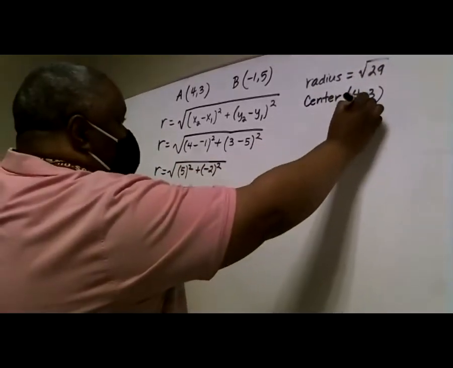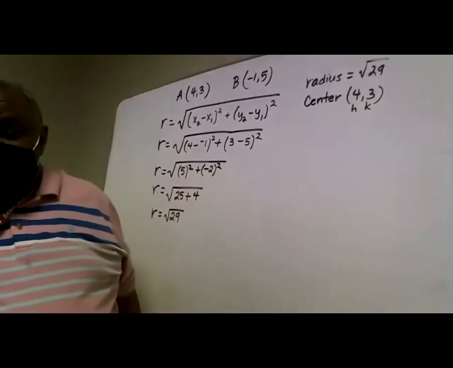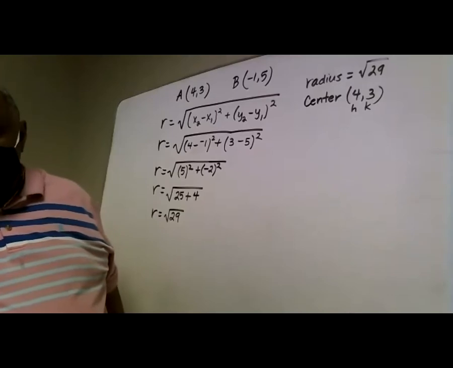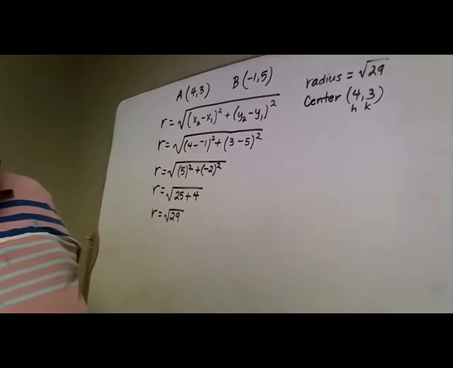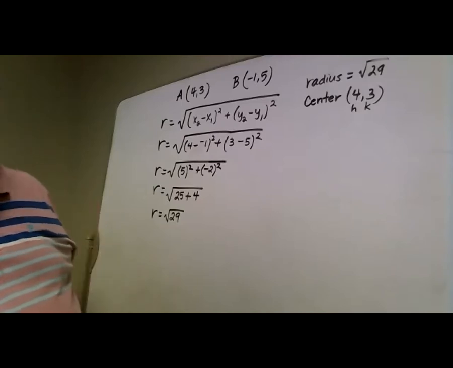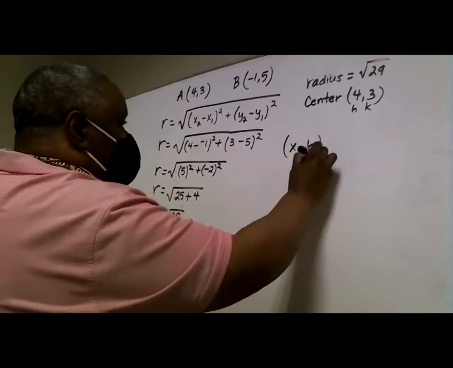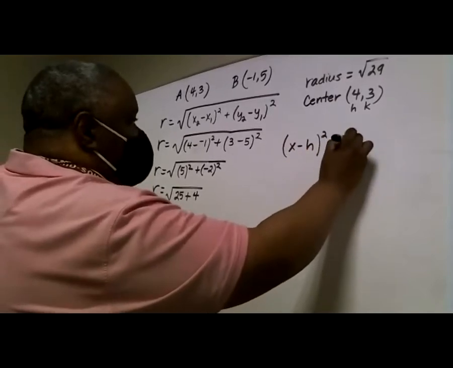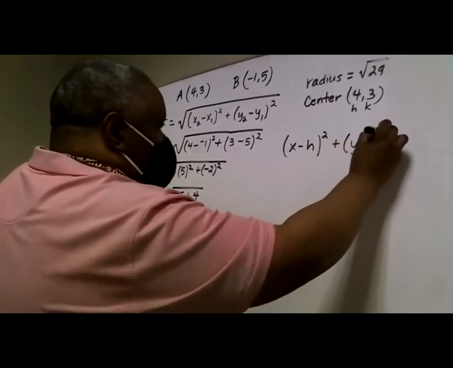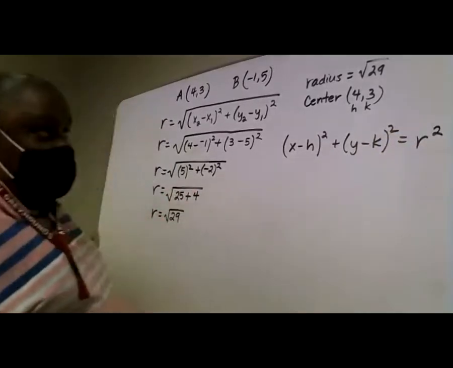So here, this is going to be your H and that's going to be K. The center is always going to be the ordered pair H and K. Because in the standard equation for a circle, you need X and Y in it. And that standard equation, of course, is X minus H, quantity squared, plus Y minus K, quantity squared, equal to R squared.